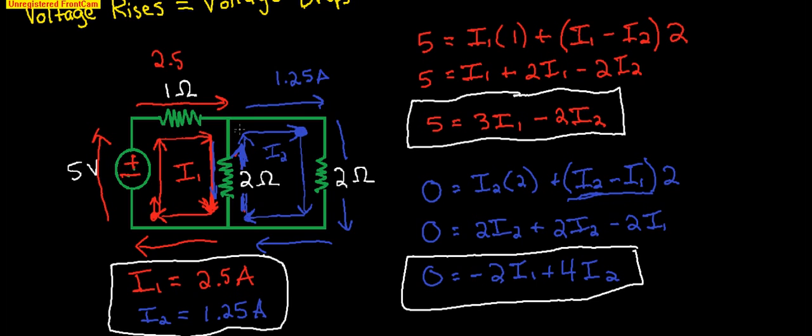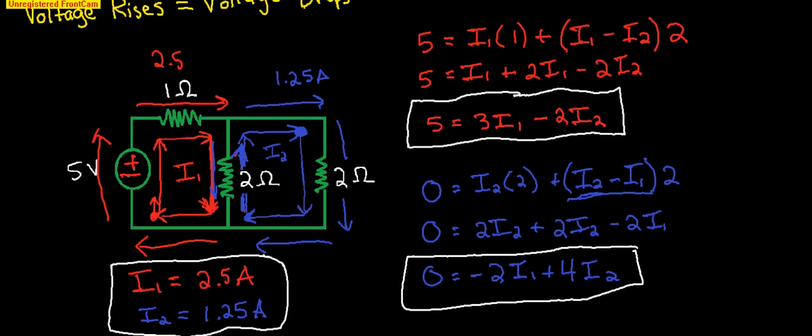Now if we look at this center branch right here, right, this does have two meshes right next to each other. So this will be I1 minus I2. Okay, so I1 is 2.5, I2 is 1.25.